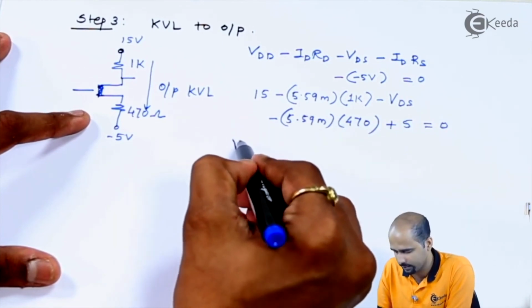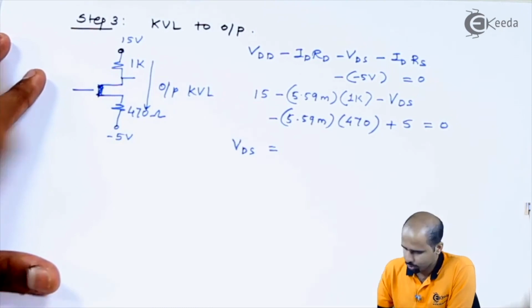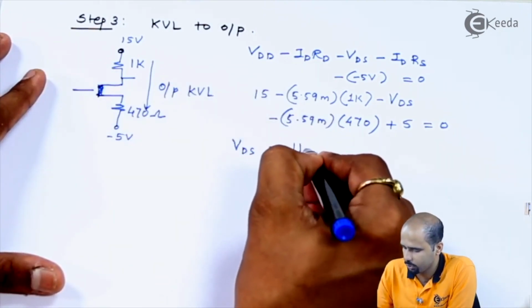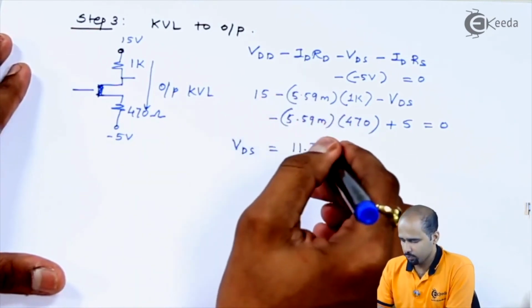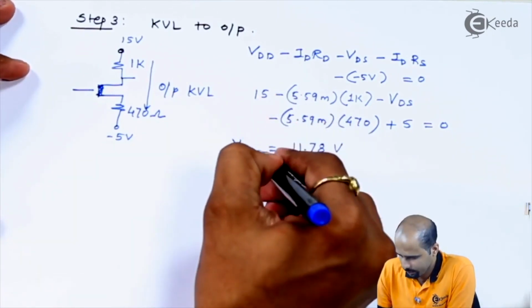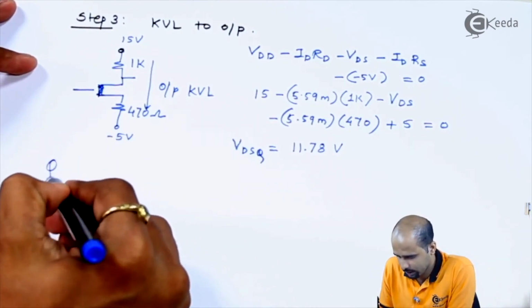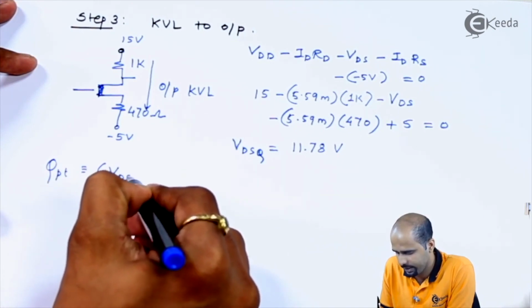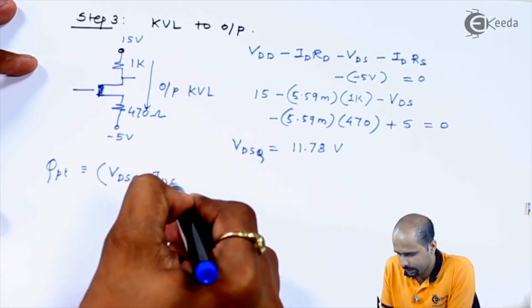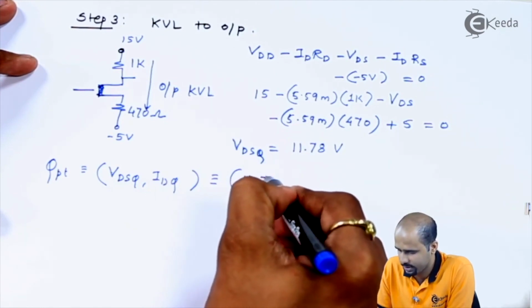So ultimately we will be getting the value of VDS. Pause the screen, calculate the value of VDS and come to me. So we will be getting the value 11.78 volts. That will be considered as VDSQ. So another Q parameter we have got for output characteristics, that is VDSQ and IDQ, that is equivalent with the value 11.78.